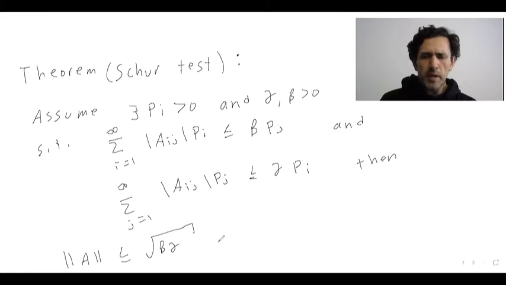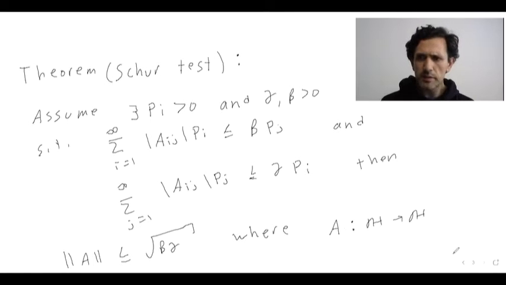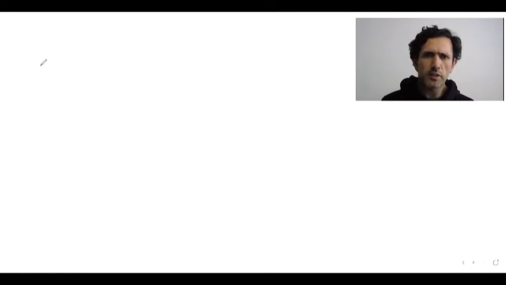Okay, so there is a bit of ambiguity of what I'm even defining A as. So let's be a little more careful. So here A takes H to H. It is defined by the following, and this is really a definition.